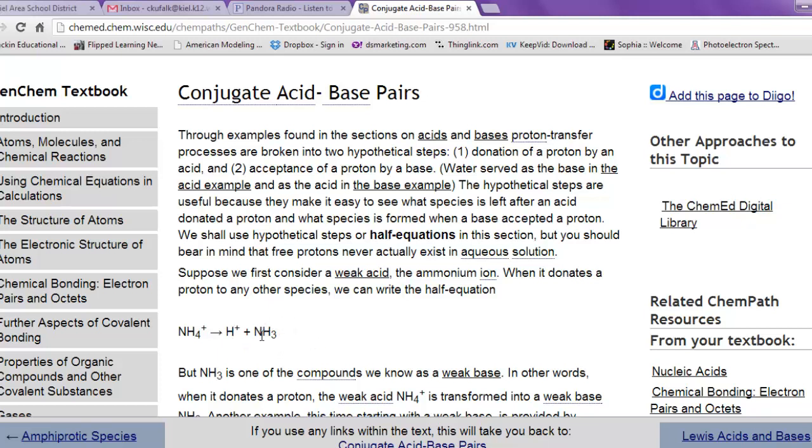So this ammonia is now by itself, but it's a weak base. It has a different property than the NH4+. So anything that is an acid, after it has ionized, will form a conjugate weak base. Okay, so this would be the acid that we started with, and this would be the conjugate base, the NH3.